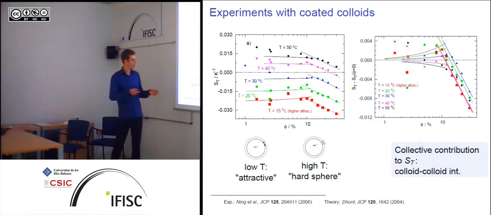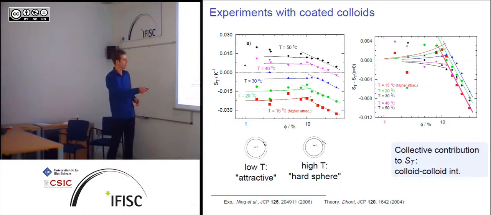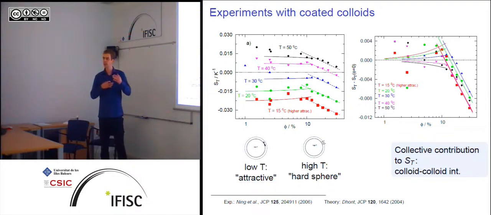When you increase the temperature, these molecules will extend on the surface and, so to say, screen the range of this attractive interaction, and then these colloids behave like hard spheres.